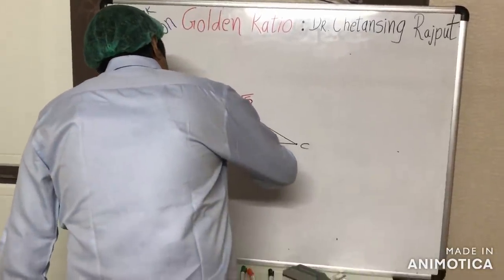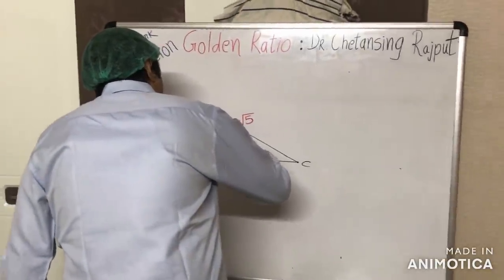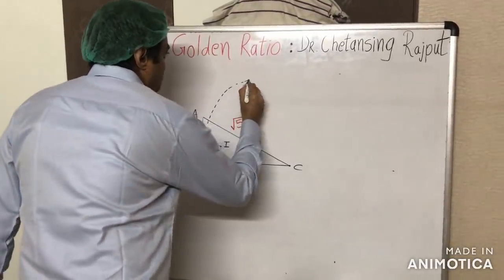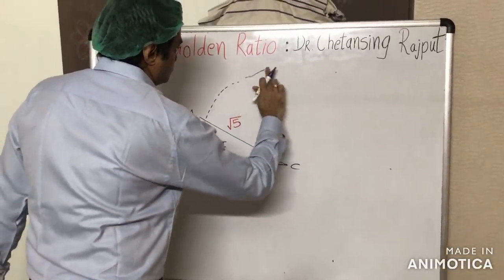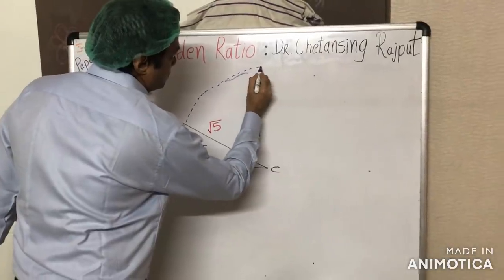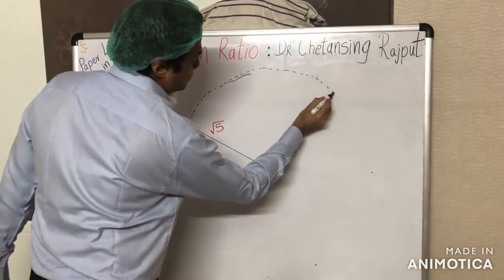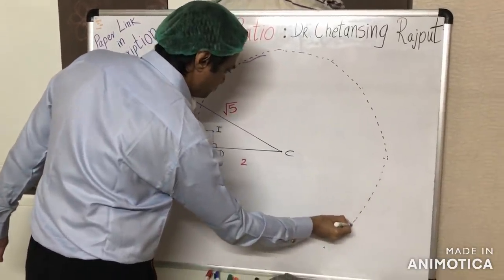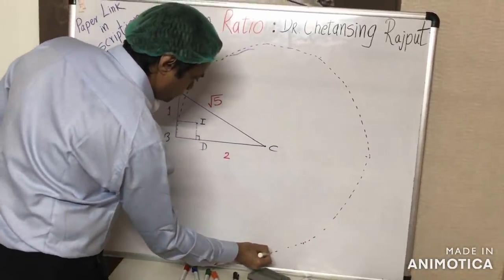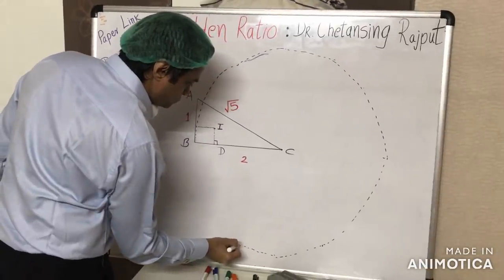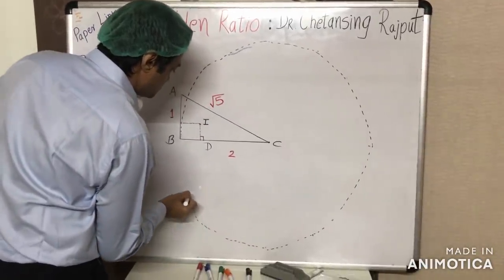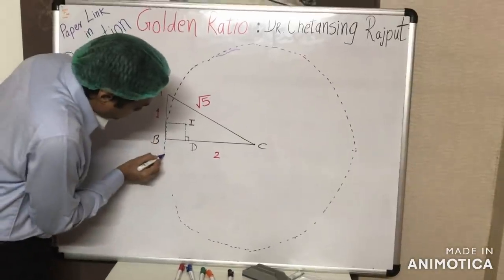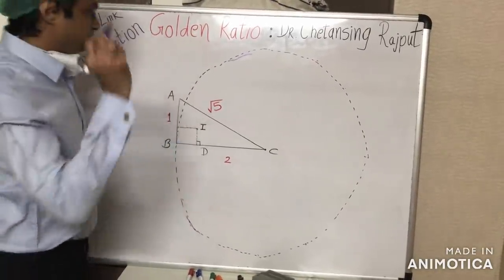A circle like this. I'm not very good at drawing circles, but consider this circle with center at vertex C and radius equal to triangle side BC.